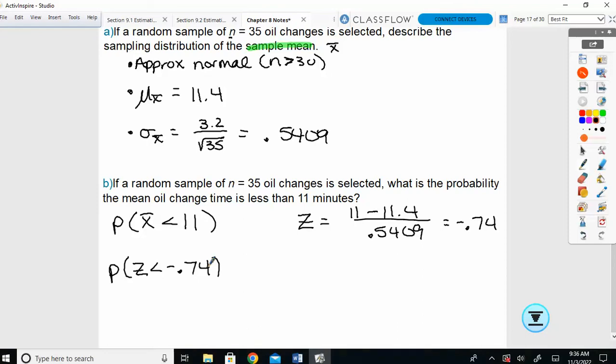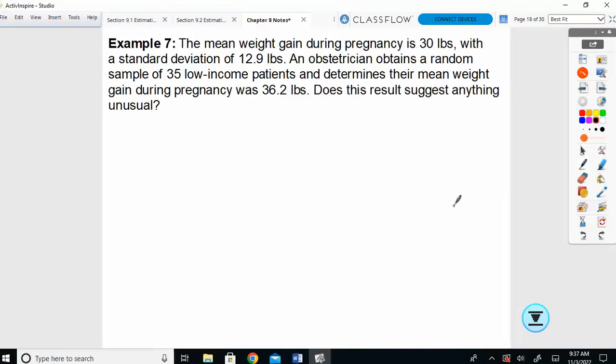So I want the probability Z is less than negative 0.74. Less than is what the table gives me. So we just have to read it. And so it is 0.2296. So are they really a 10-minute oil change place? No, they're saying they'll get done in 10 minutes. There's only a 23% chance it'll be less than 11 minutes. So definitely not likely.